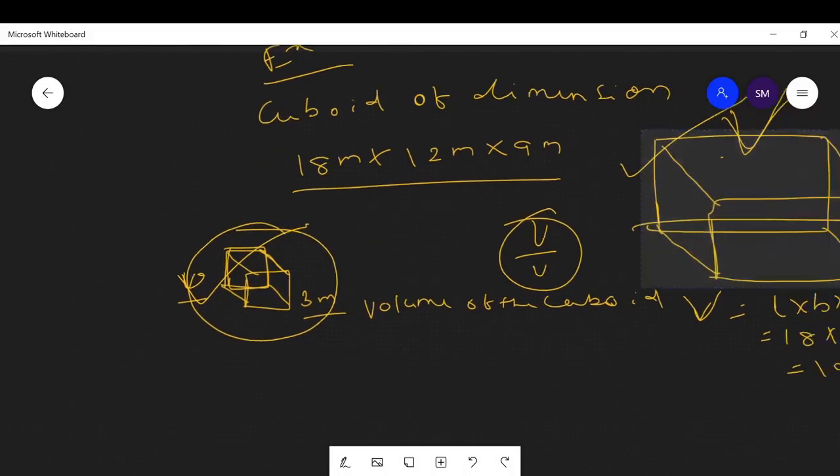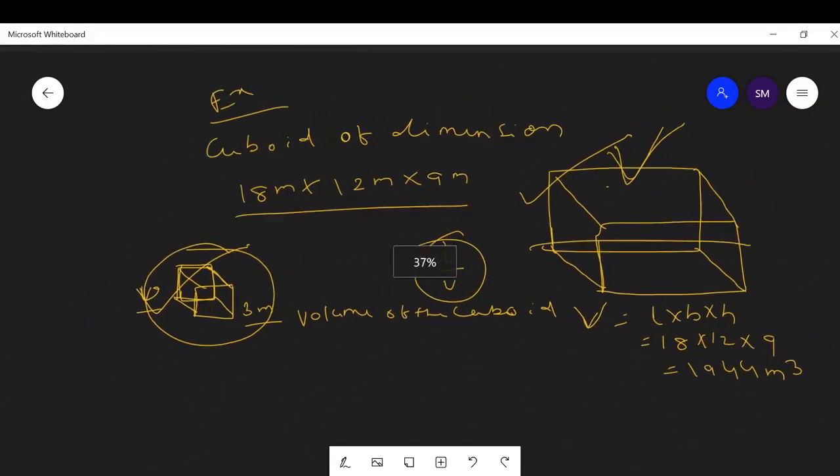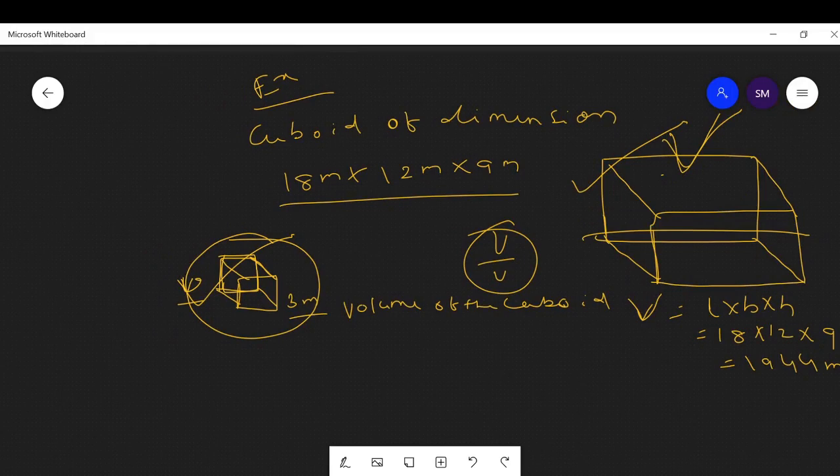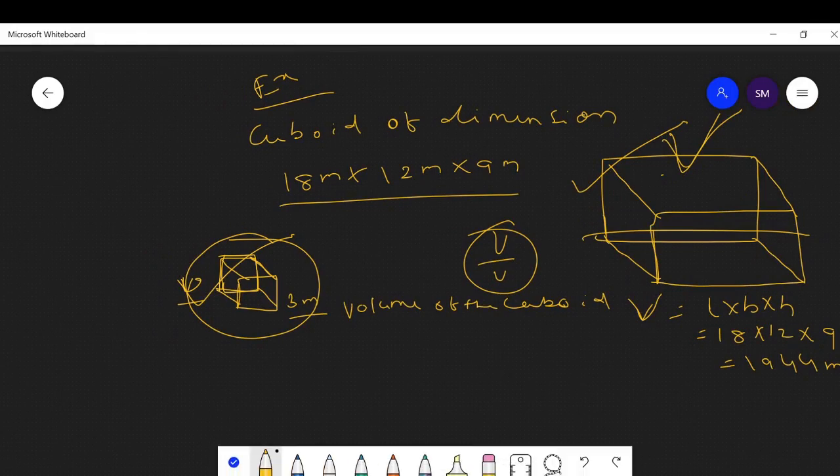Then the cube has the dimension 3 meter. Volume of the cube, small v, is equal to L into L into L, means L cube is equal to 3 cube, which is equal to 27 meter cube.